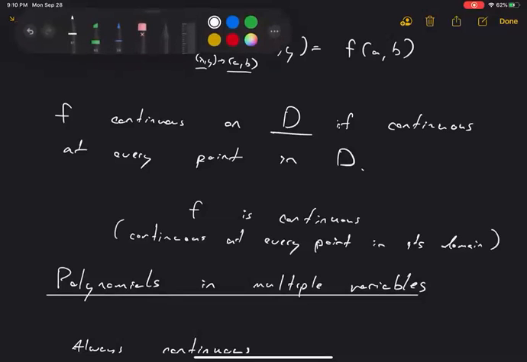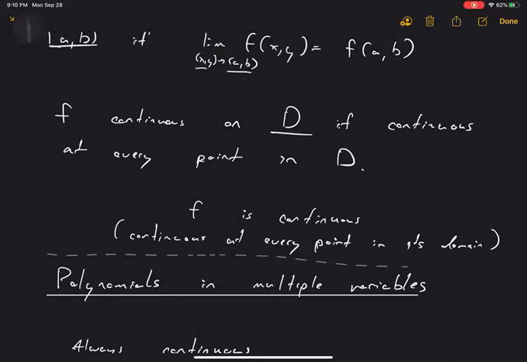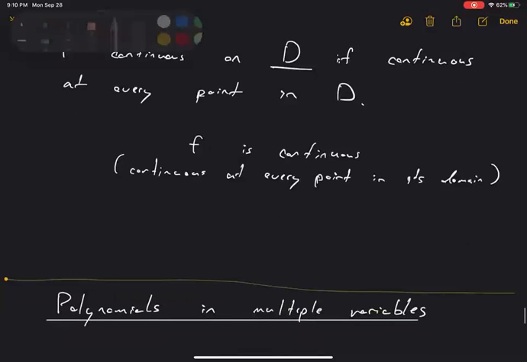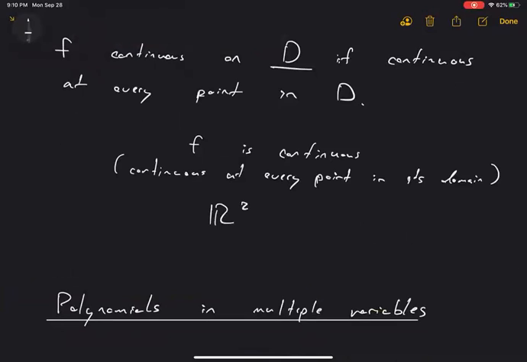And that domain might be fairly small, or it could be something as big as all of R2 if I'm working in R2, all of Rn if I'm in Rn, or just some interval, or some square in R2, something like that.